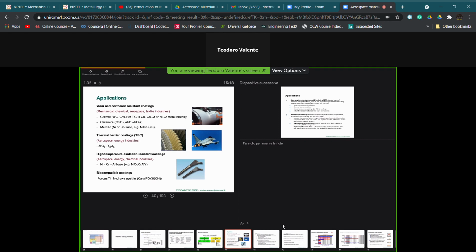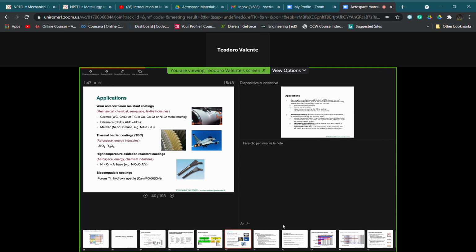And here, one of the most important, essentially for the aerospace field, are those CERMETs which are based on the use of a ceramic phase, which is tungsten carbide, the first of the list, okay?